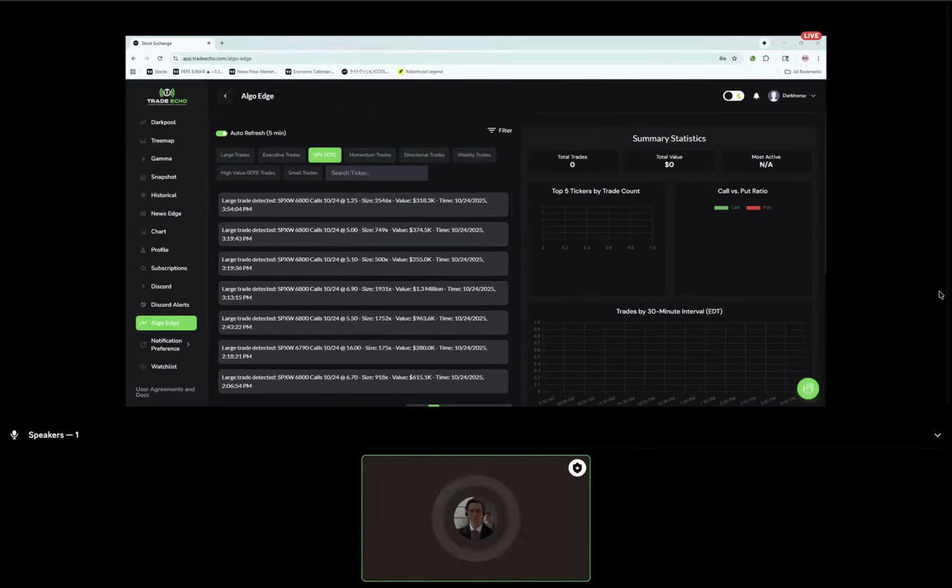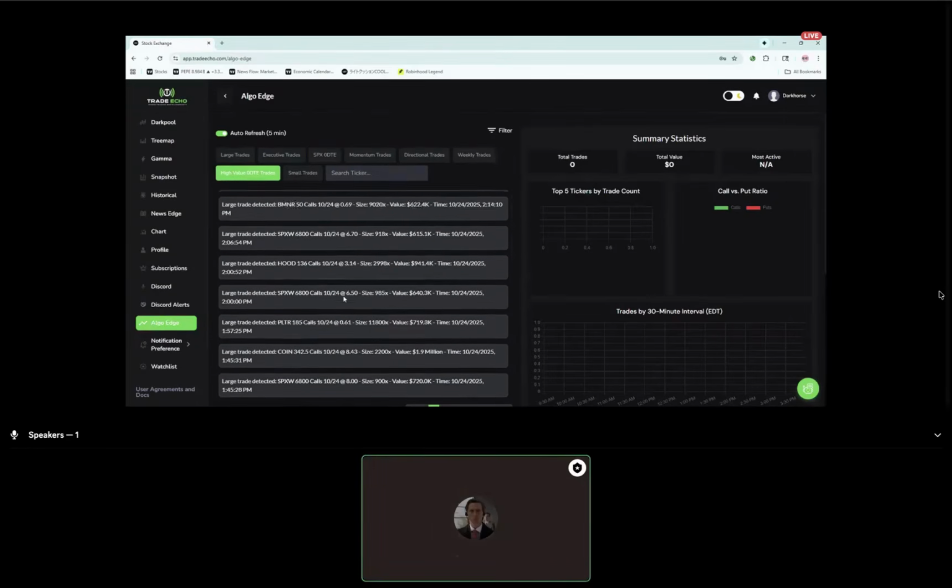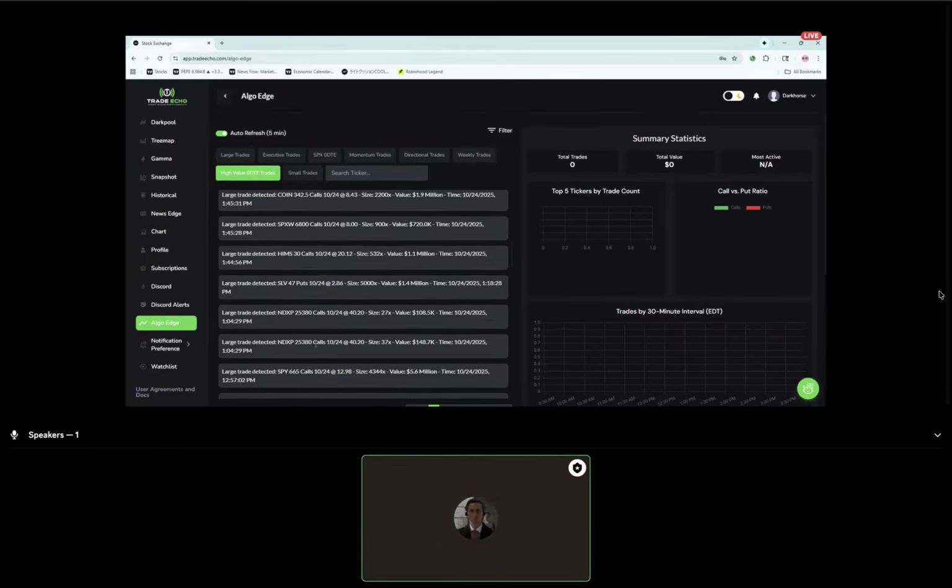Some sauce I want to give out is about how I use the high value 0DTE tab all the time, but what I like to focus on in that tab is the NDX flow. Even though I trade SPX flow, and I should be looking at SPX flow, I like looking at the NDX flow because the contracts are a lot more expensive, a lot pricier.